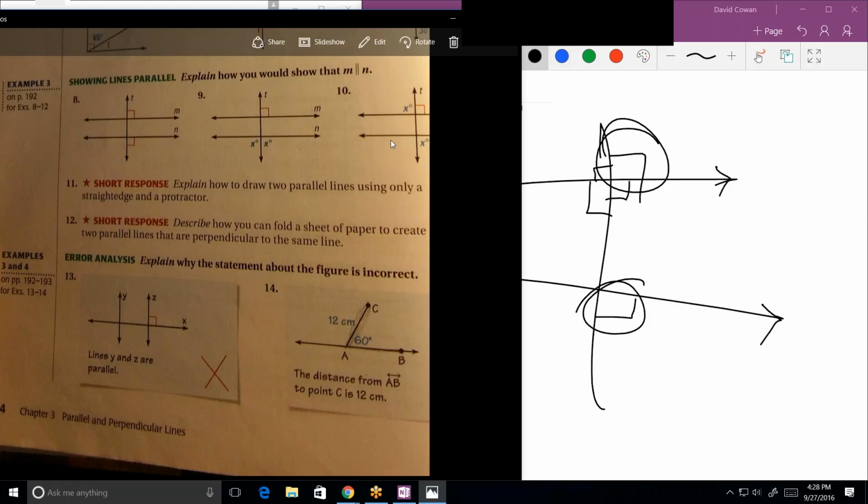Once you have x equal to 90 degrees, we have the same situation as problem 8. Exactly. So however you proved in problem 8 that they're parallel, you can use exactly the same thing on problem 10. In other words, you know that x is 90, and if that's 90, that's 90. And now you have 2 right angles there. That means all 8 angles are 90 degrees, which means those 2 lines are parallel.